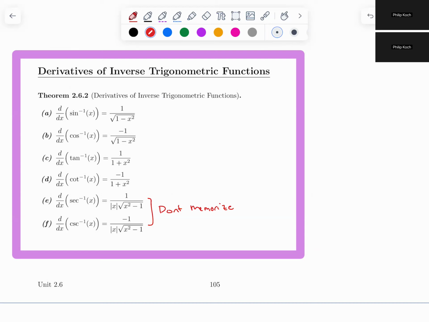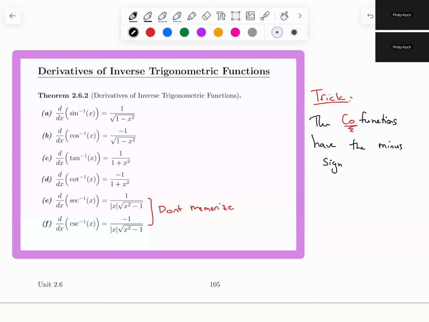So, trick to remember these ones: the co-functions have the minus sign. Just like before, the derivatives of the co-functions were the ones that had minus signs.